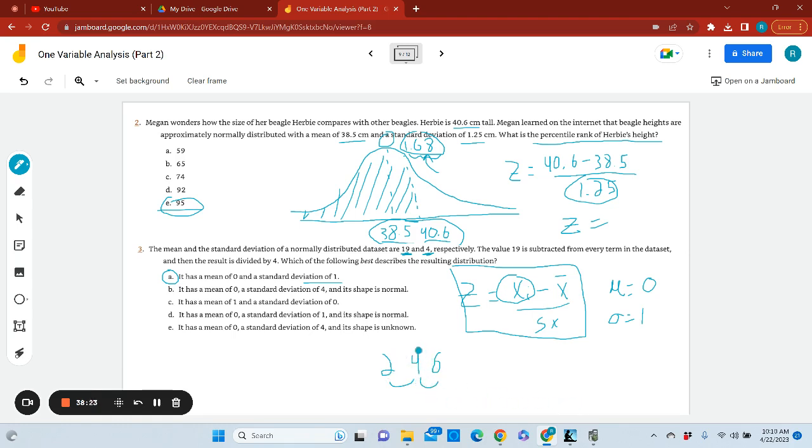Imagine if I subtracted the mean from every number in this data set. Okay, so I'm going to make a new data set now. I'm going to subtract 4 from every number in the data set. 2 minus 4 is -2. 4 minus 4 is 0. And 6 minus 4 is 2.